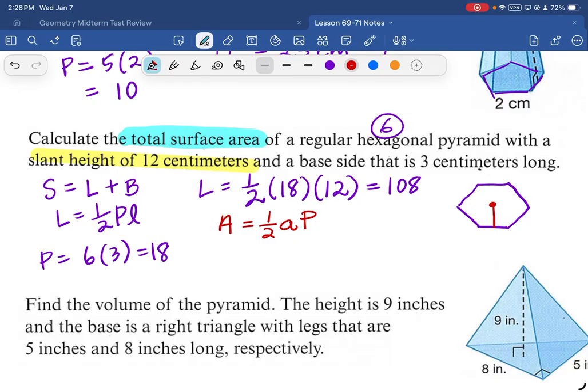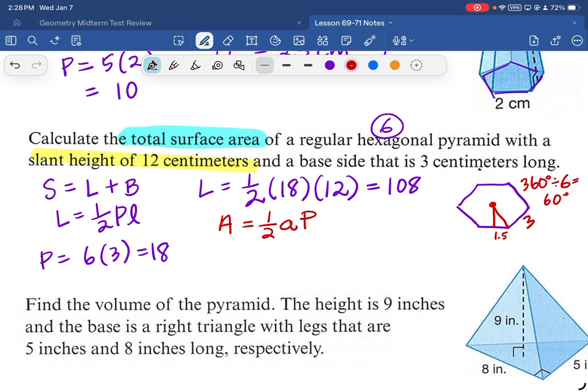They said the sides are 3, right? So that means that this is 1.5, cut in half. And there's 360 degrees in a circle divided by 6 equals 60 degrees.